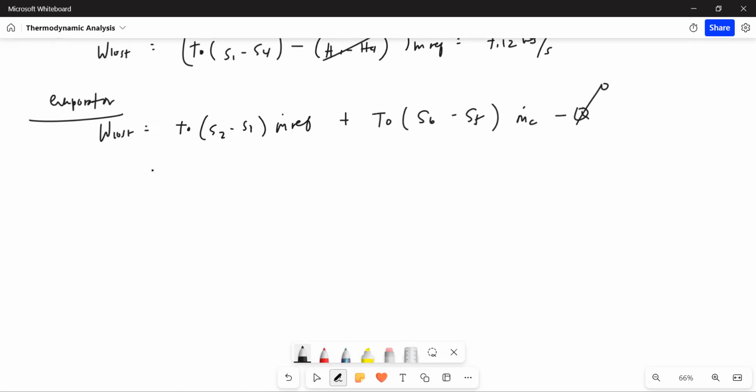Substituting all the values, you get the work loss equal to 96.72 kilojoules per second.